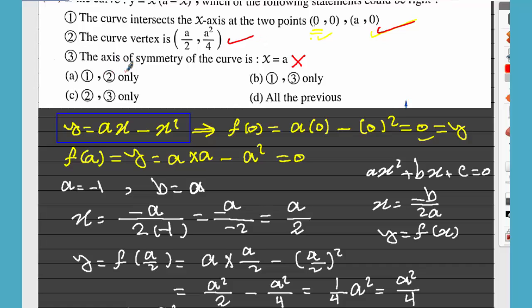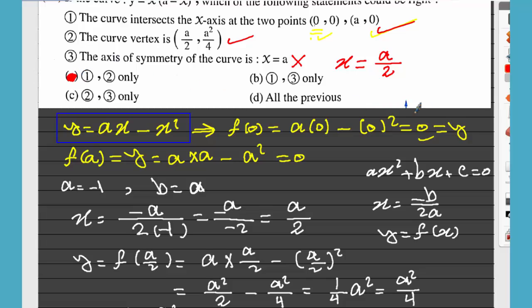The axis of symmetry statement is wrong because the right equation is x equals a over 2, the x coordinate of the vertex. So what is the right solution? It is 1 and 2 only.